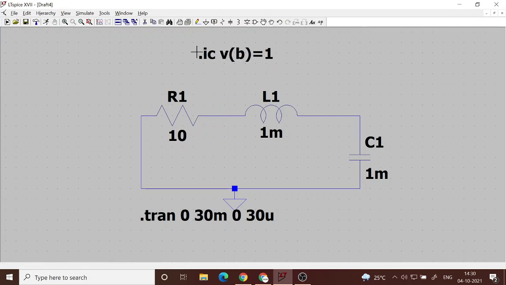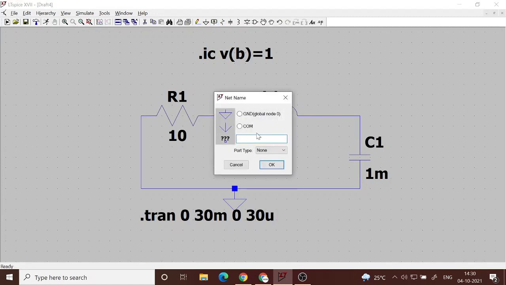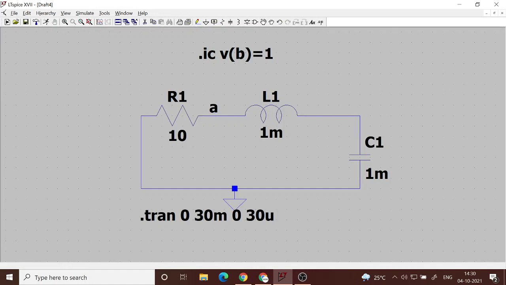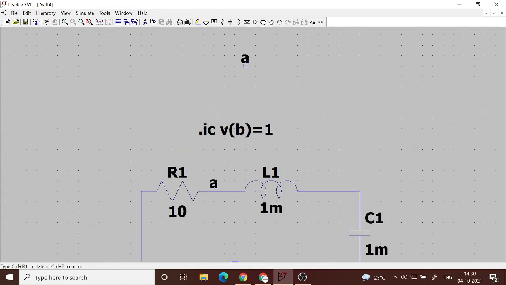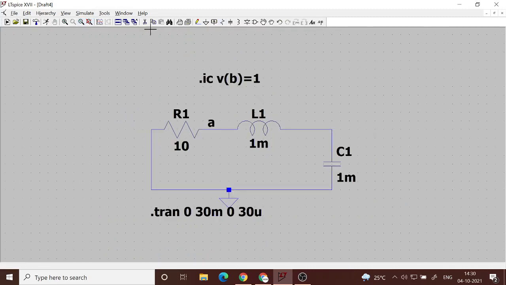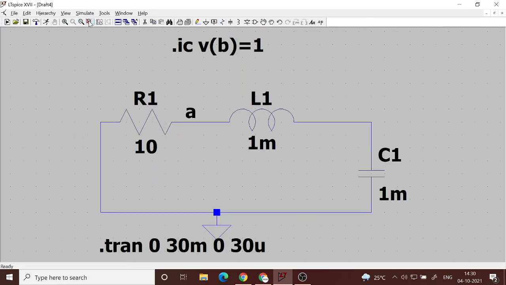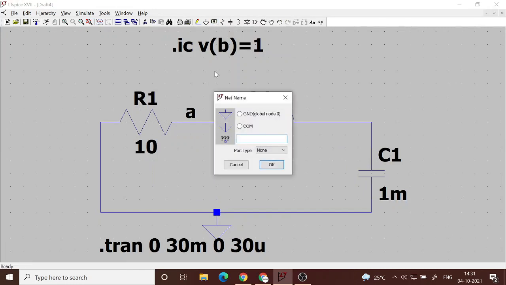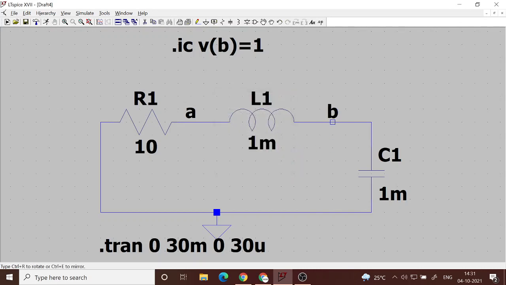I have not specified what B is, so let me now specify two points. One is A, and that is this point, and then let me specify the point B. So point B is this point, the capacitor voltage.